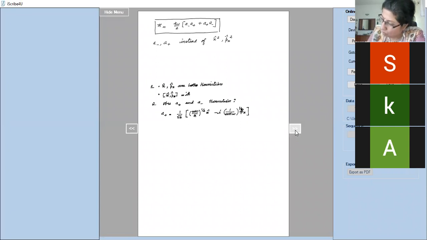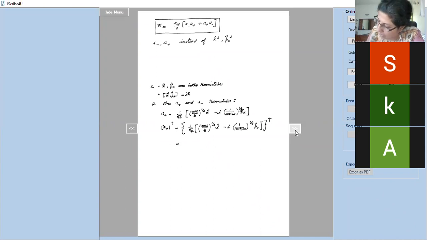Now, what do I need to do if I want to see whether it's Hermitian or not? I need to take the transposed conjugate, or the adjoint. When I take the adjoint, I have to take the dagger of this whole thing, right?